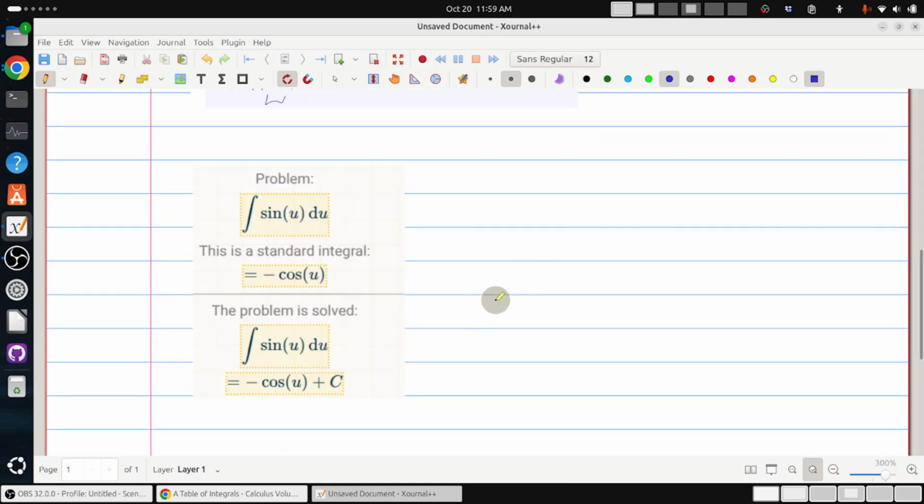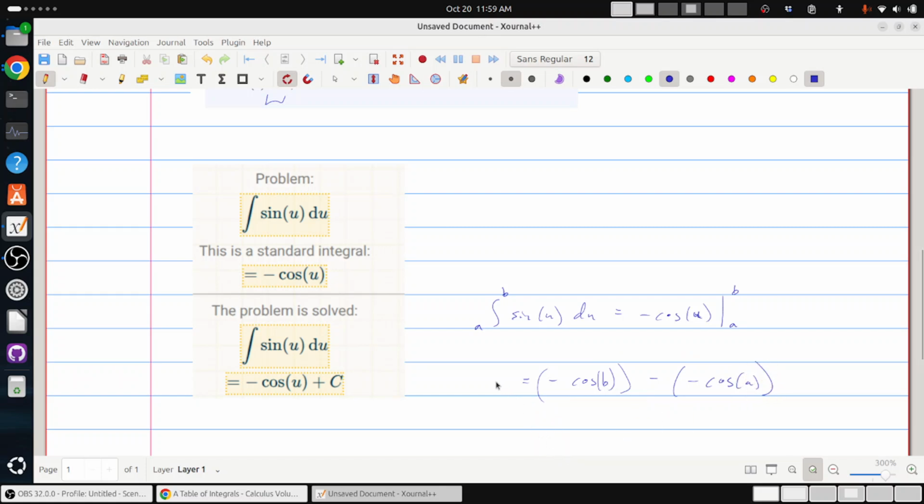If I've got the integral from, say, a to b of sine of u du, I've got minus cosine of u, but then I have to evaluate it from a to b, which means I've got minus the cosine of b, and subtract from that minus the cosine of a.